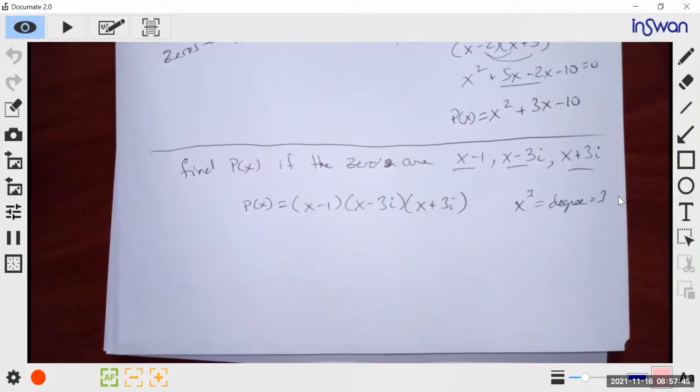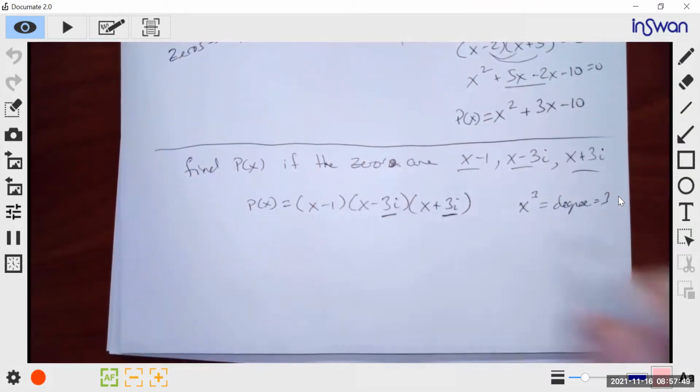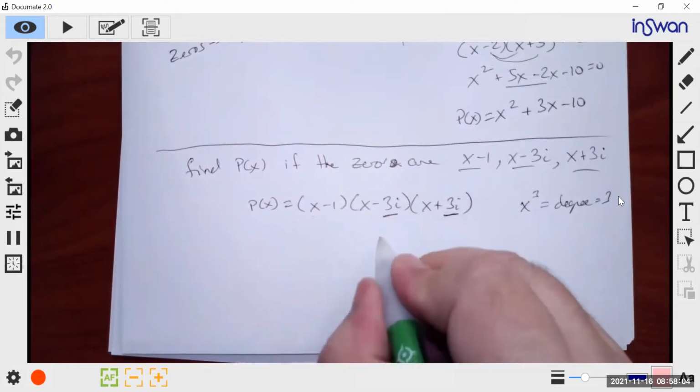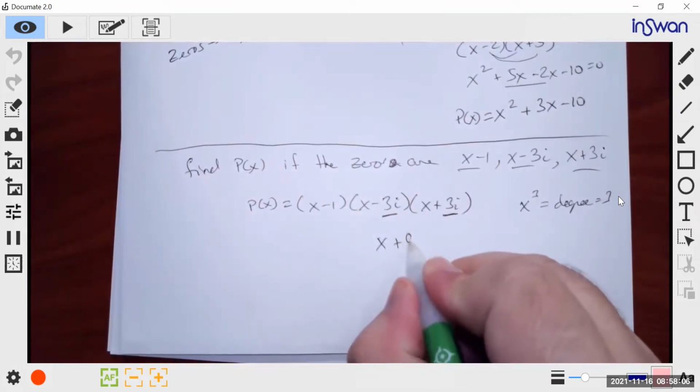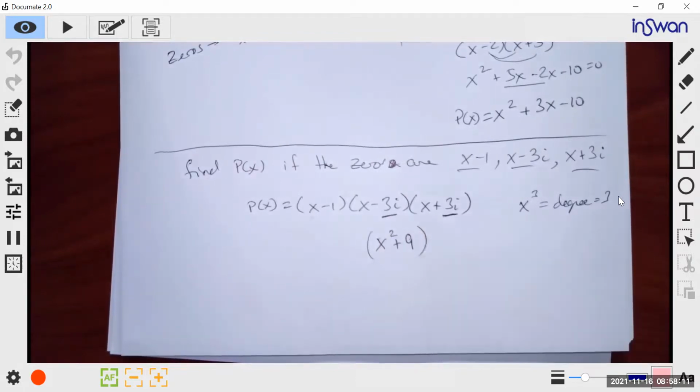But the important part of this one, I want you to notice, whenever you have imaginary numbers, they always have to come in conjugate pairs. Because if we multiply these two together, we get x squared plus 9. Again, you could FOIL them out.